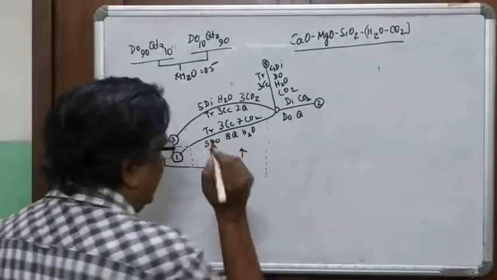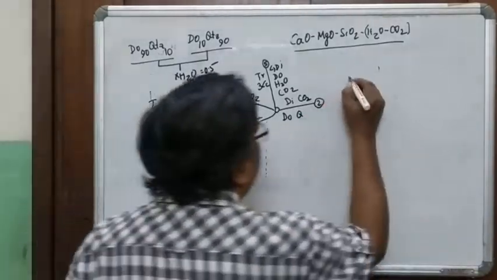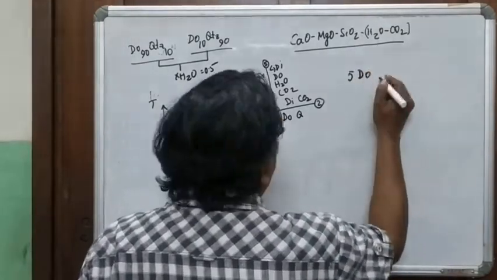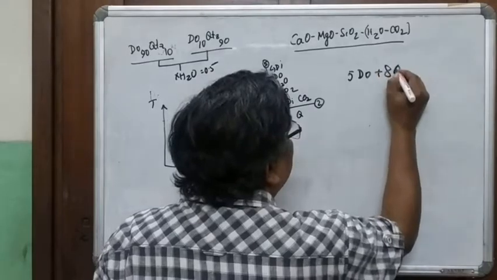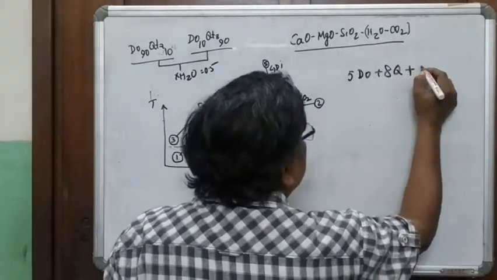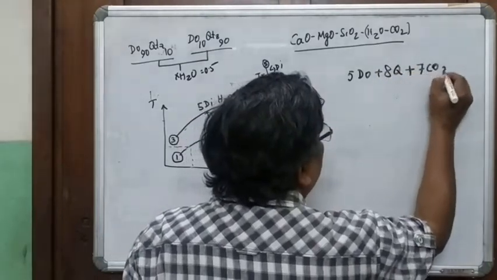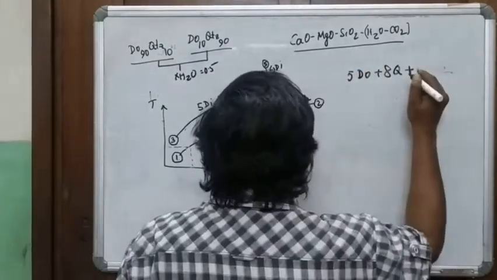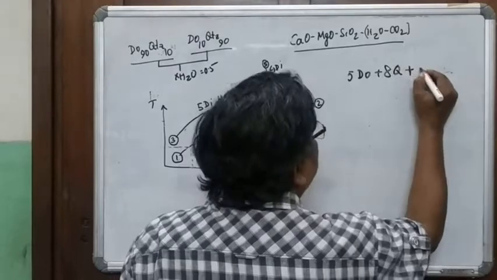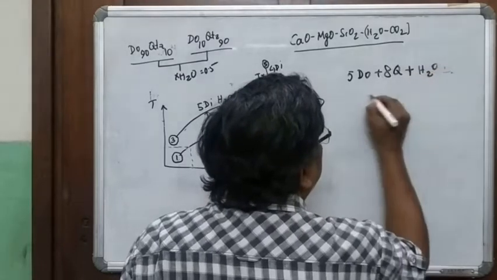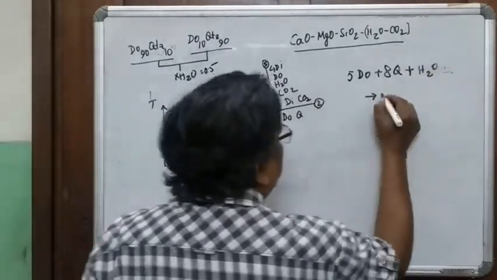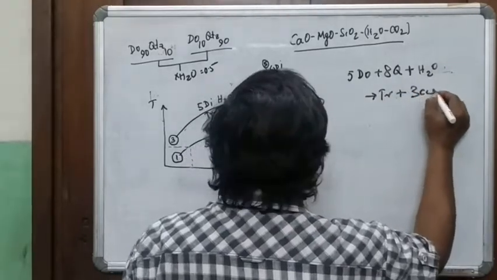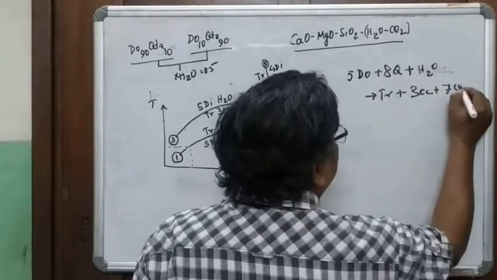Let's say we have reaction 1, where you have 5 dolomite plus 8 quartz plus 7 H2O. This reacts to produce tremolite plus 3 calcite plus 7 CO2.